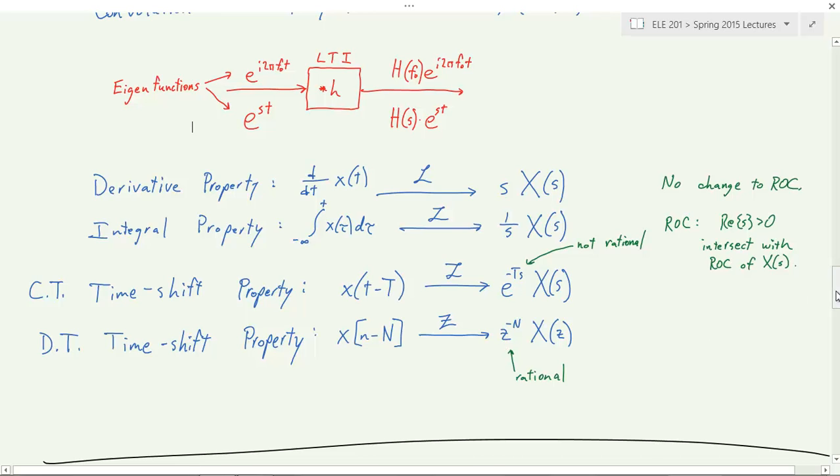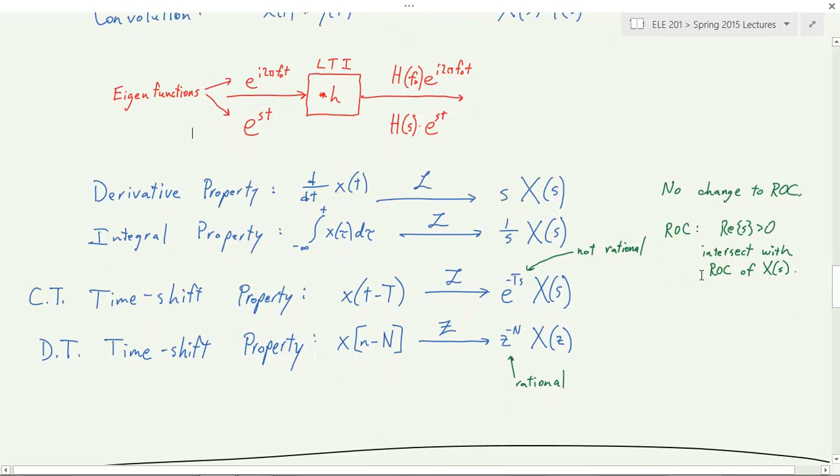All right. Now let me point out all of these little notes I've put here that I haven't talked about yet. First of all, a quick note about this continuous time shift property and the discrete time one. I said that we'll care a lot about this discrete time shift property. It turns out that that's going to be significant for systems we care about. In continuous time, we're not going to be looking at time shifts. Notice something interesting.